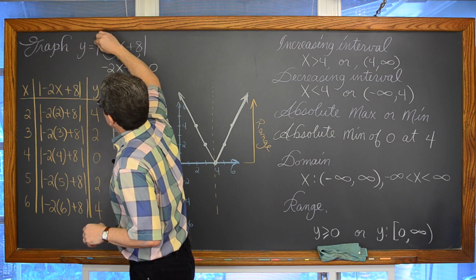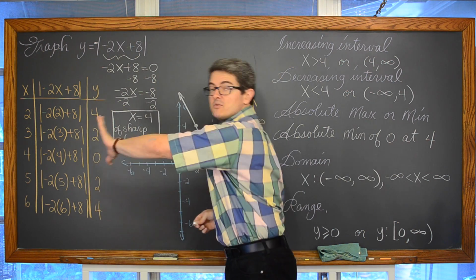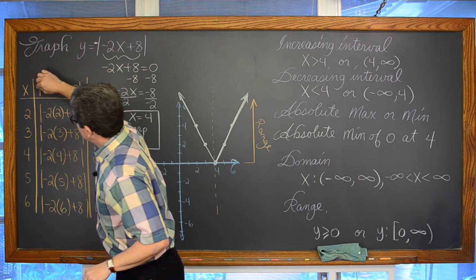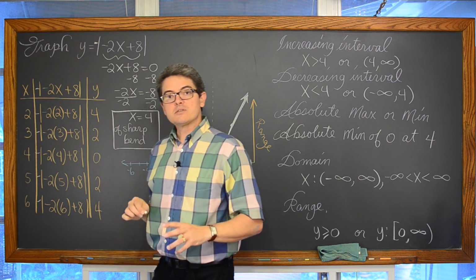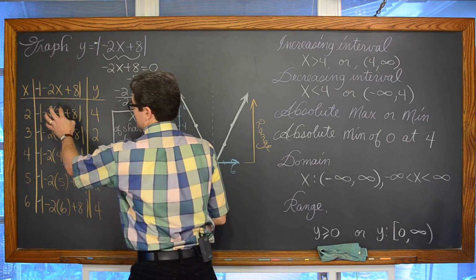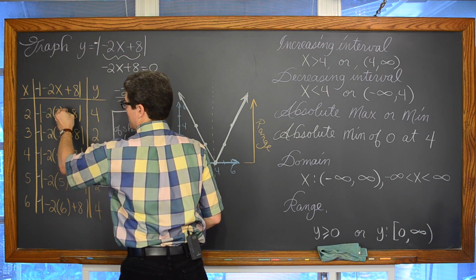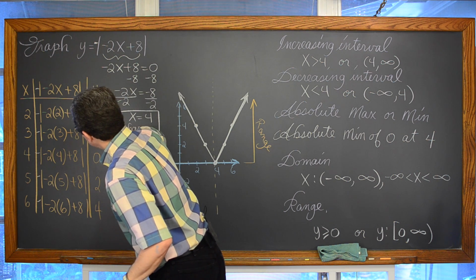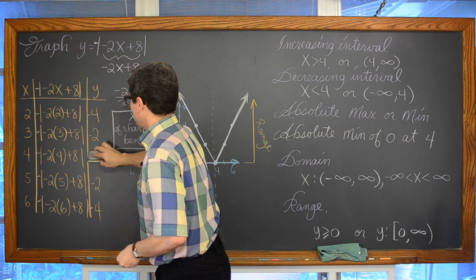If I just introduced a little negative right in front, outside of that absolute value function, that negative would have carried through all of these steps of arithmetic, and I would have had to simplify what was inside the absolute value function, take the absolute value of whatever's in there, and then multiply it by -1 as I follow my order of operations, and that would have made all my y values negative.